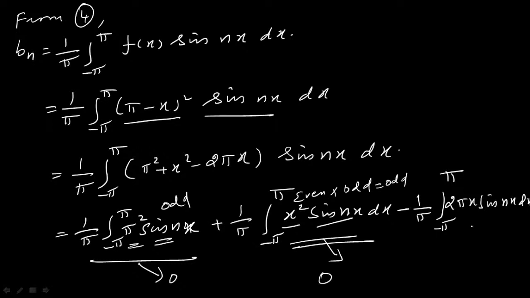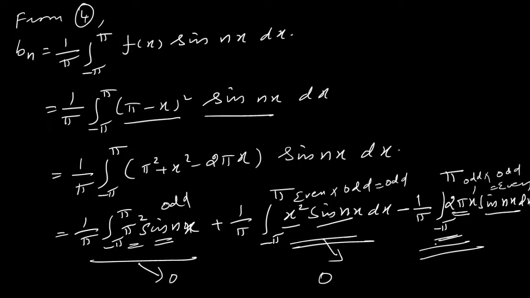Coming to the third integral, 2 pi is a constant. So x is an odd function, sin nx is an odd function. Product of odd and odd function gives you an even function. So this integral alone exists. So you can write here minus pi to pi integral as twice 0 to pi. So we have the last integral alone.